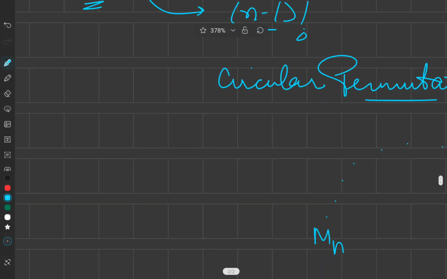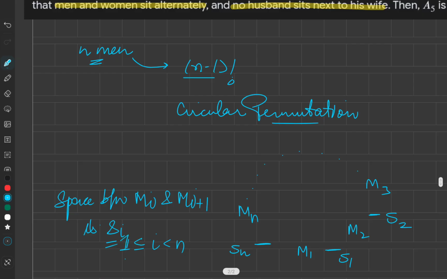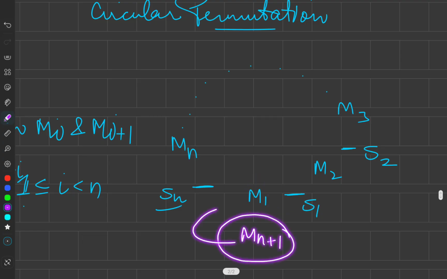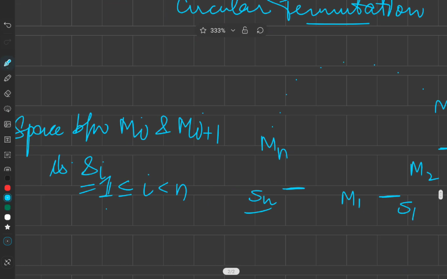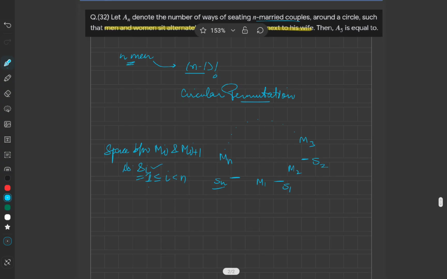So we can say that the space between mi and mi plus 1 is si, with the special case of sn, where n plus 1 is counted again as m1.